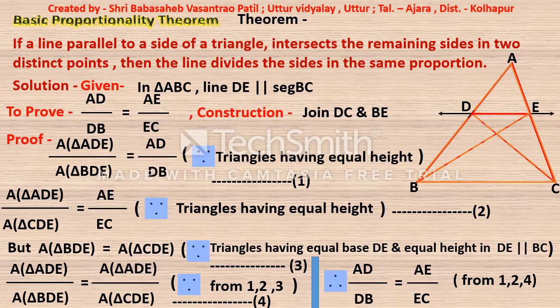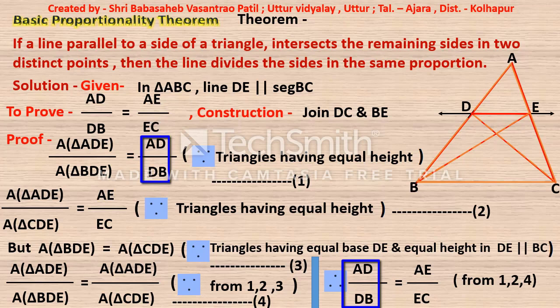We write the values in equation 4. The LHS value we substitute from equation 1, that is AD divided by DB.